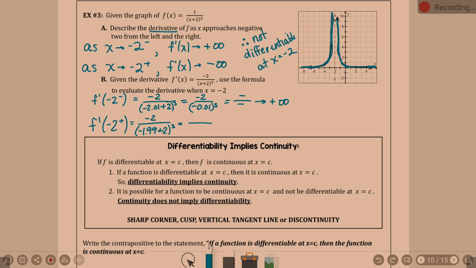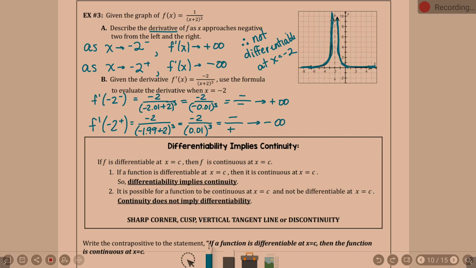So -2 divided by, well, -1.99 plus 2, positive 0.01 cubed. And what are we going to have this time? A negative divided by a positive, which is a negative. What's 2 again divided by an increasingly small decimal with more and more zeros? That's going to be negative infinity.